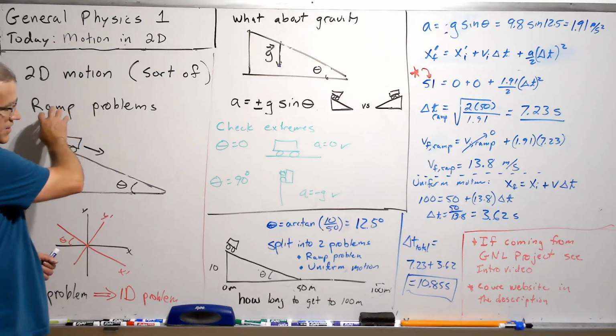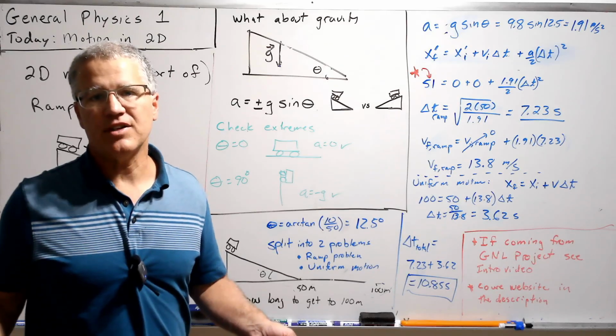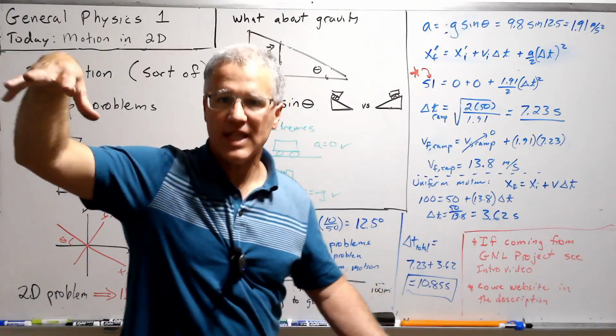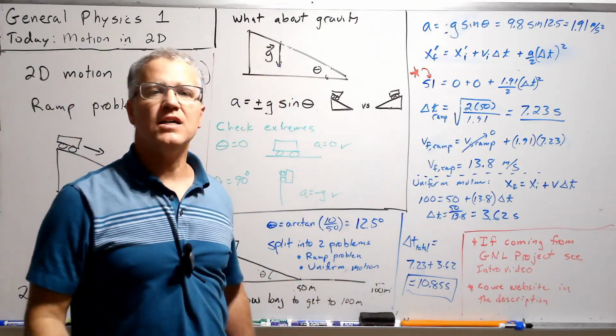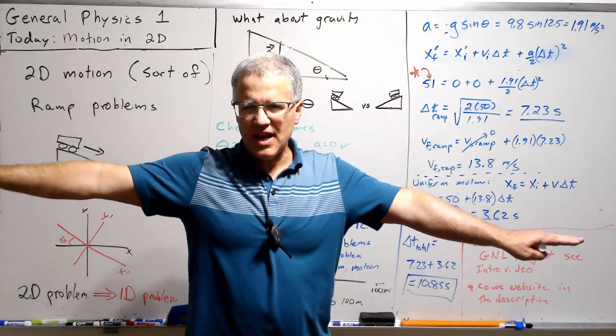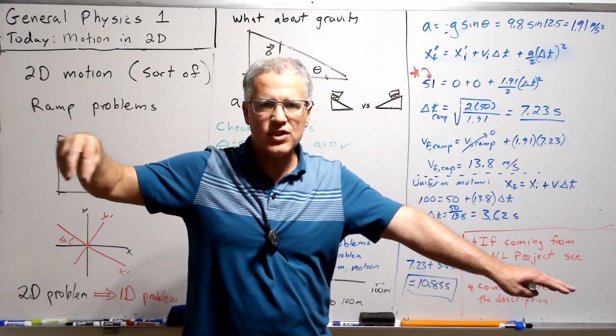So I let go of this. It's going to go down the ramp, and it's going to go down because it's in gravity. If this was just in outer space, it would just sit there and not do anything. So we let go, and it moves down the ramp because of gravity. But imagine if we had just ever so slightly tilted it. We let go, it's just going to slowly creep along.